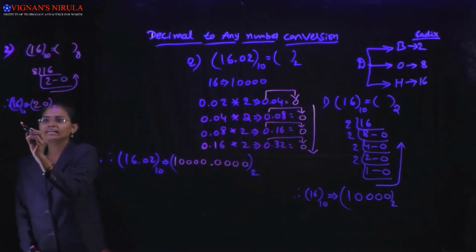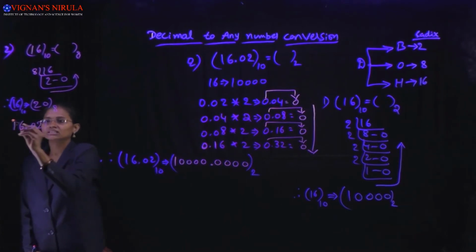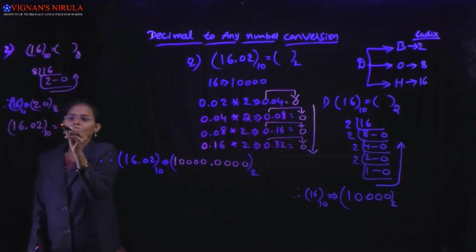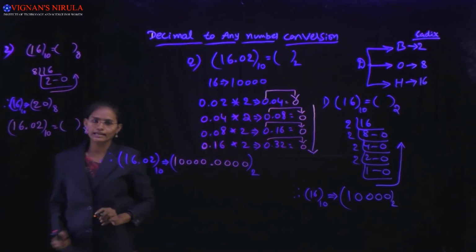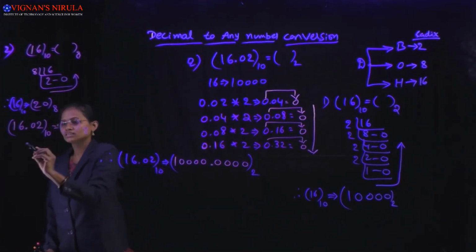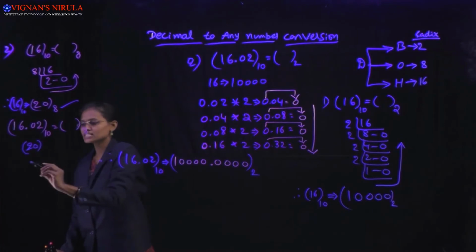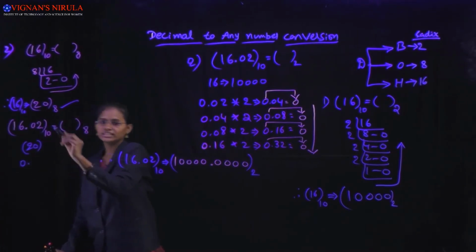Okay, and next 16.02 is the decimal number, then convert to octal. In the point part, here 16 gives you 20, and next 16 is considered 0 and 0.02 is there.